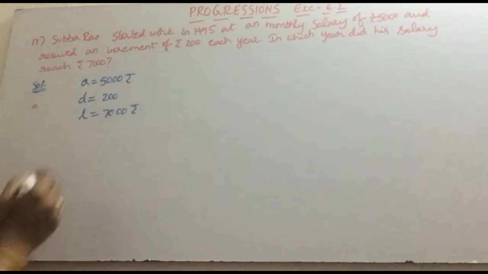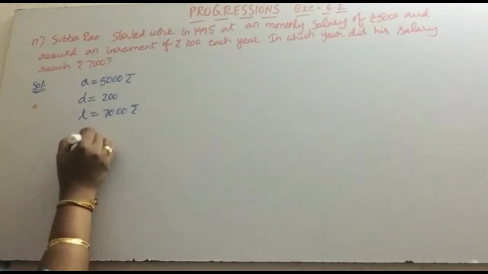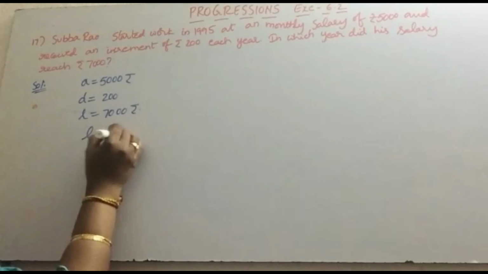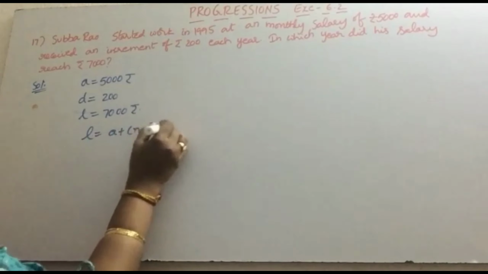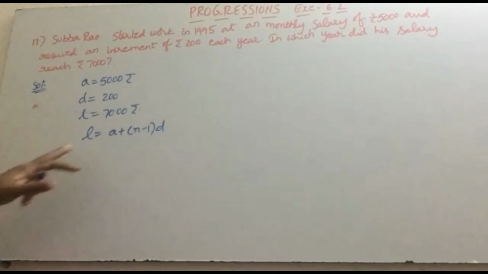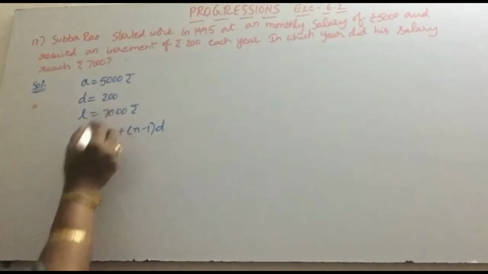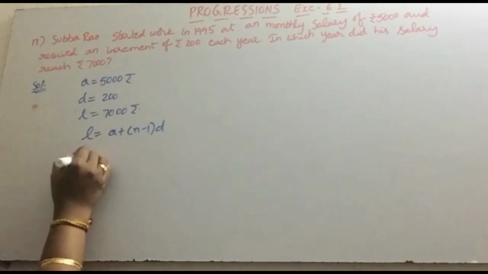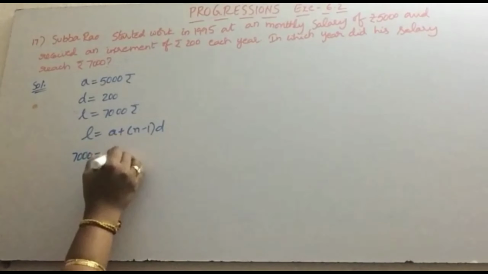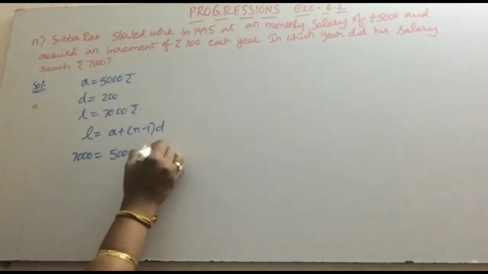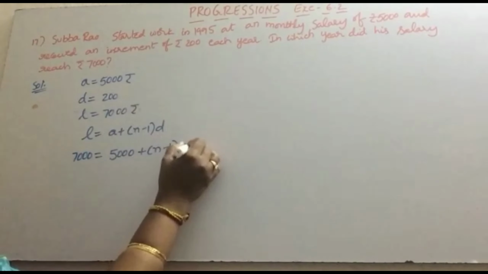Now we will find l equal to a plus (n minus 1) into d. That is, here we find the nth term, that is the last. So l is 7,000, a is 5,000 plus (n minus 1) into d, which is 200.